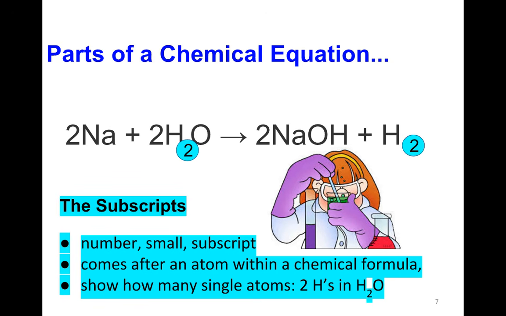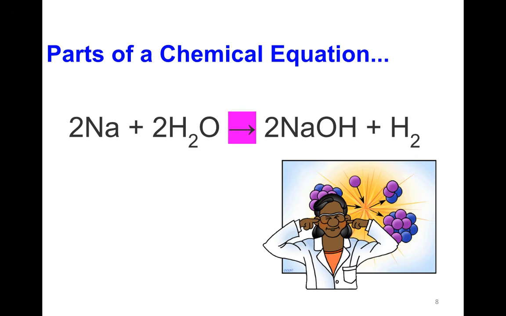In sodium hydroxide, there's 1 atom of sodium, 1 atom of oxygen, and 1 atom of hydrogen. So this is similar to the coefficients in that if the number is 1, then you don't write it. But if you go over to the hydrogen gas molecule, there are 2 hydrogen atoms in 1 molecule of hydrogen gas.